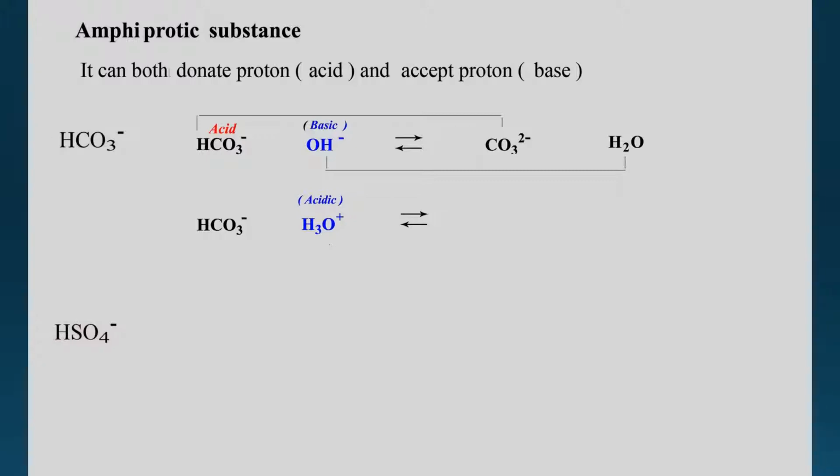Now do the bottom example. When this HCO3 1- amphiprotic meets a strong acid, which is a strong H+ giver donating H+, what do you become? You are obliged to become a base.